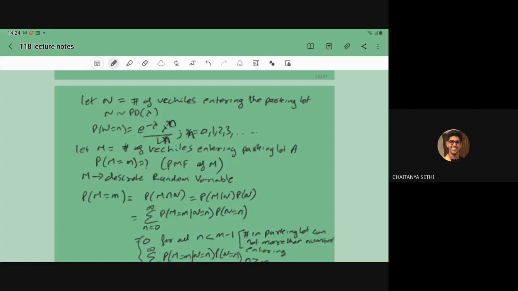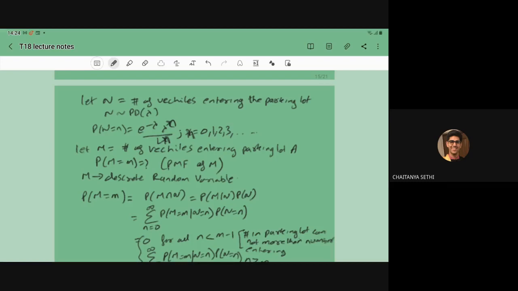If you say probability M is equal to m, it means the number of vehicles from N in parking lot A, that is the intersection of m and n, so it will give you the P of m only.